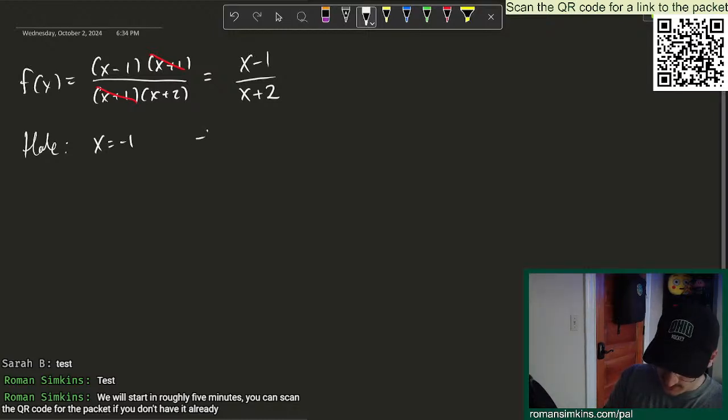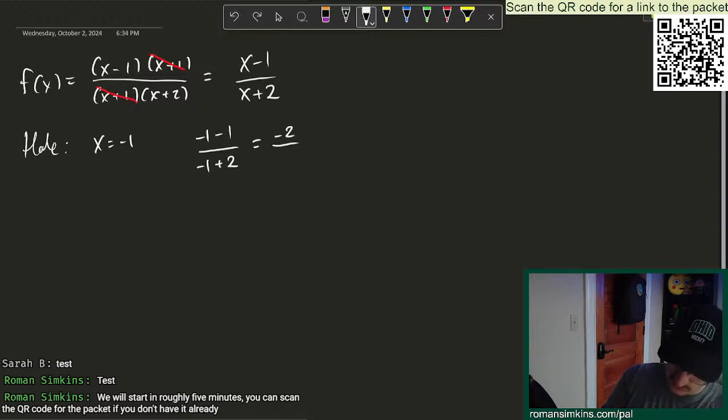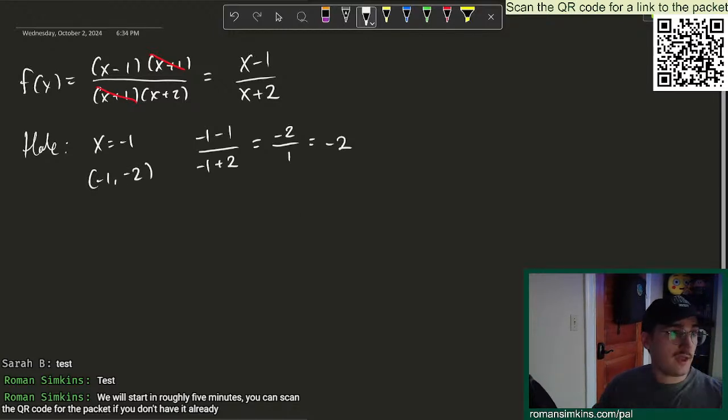And so when I plug this x value into the function, we are going to get -1 and -1 is -2, and then -1 plus 2 is +1, and then that is going to equal -2. So the actual point that the hole is going to reside at is -1, comma, -2.